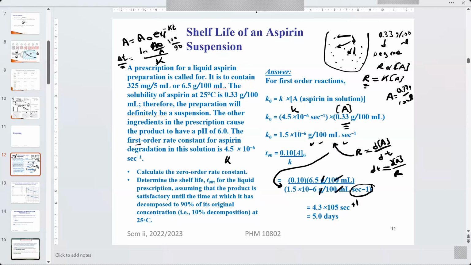We change it to days by dividing by 60 to get minutes, then dividing by 60 to get hours, and then dividing by 24 to get days. So at the end, you will get 5 days. Okay?